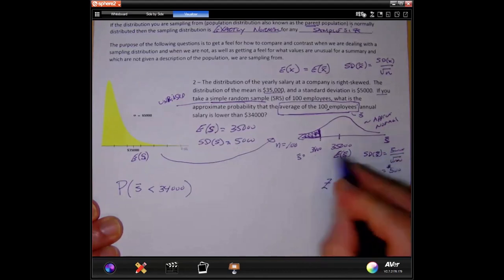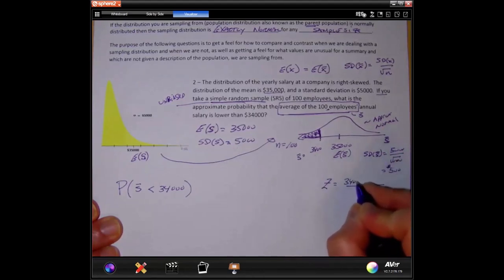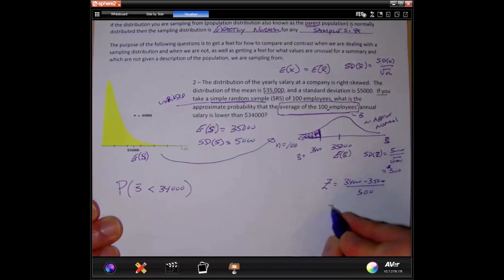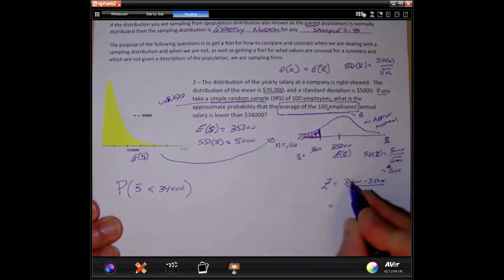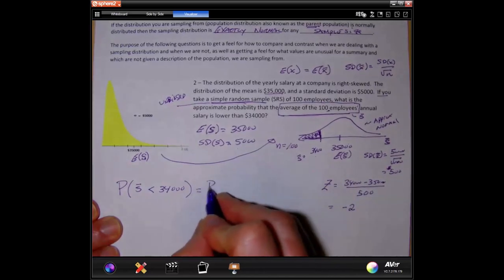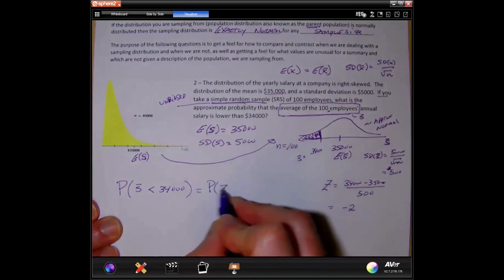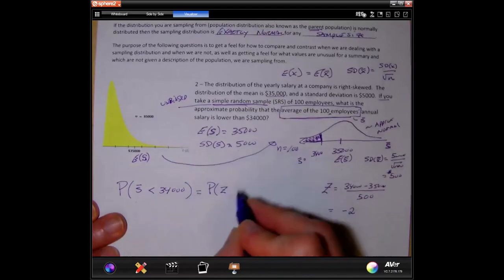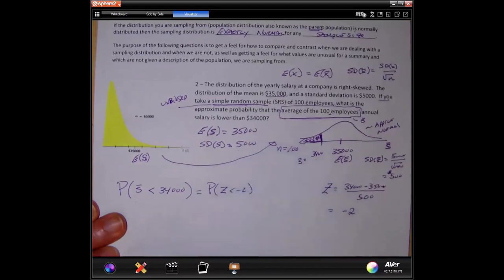Let's turn this 34,000 into a Z-score. Standard deviation now, I keep repeating it, is no longer 5,000, it's 500. So when I do the calculation, this is going to give me -2. So what I'm after is the probability that the sample average of 100 is less than 34,000, which translates to a z-score of -2.